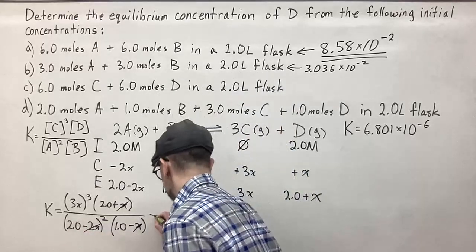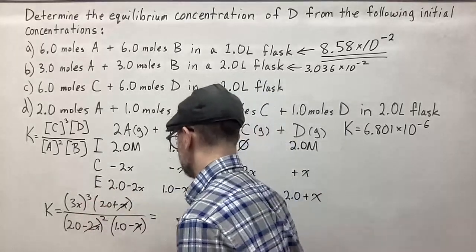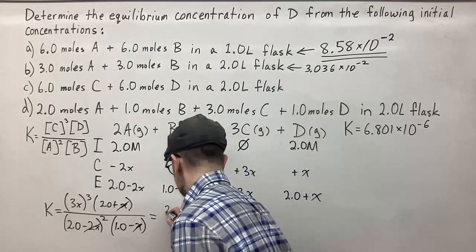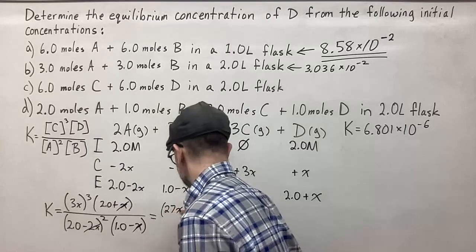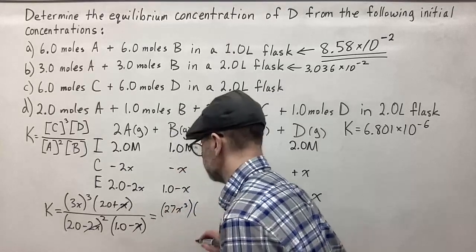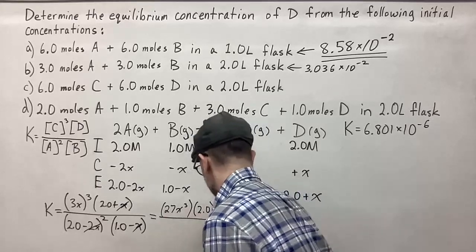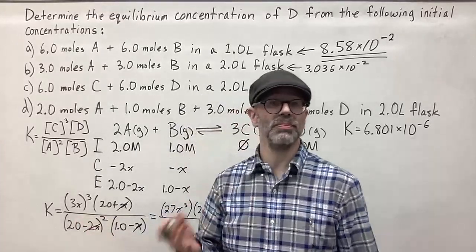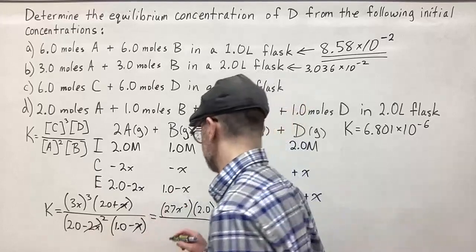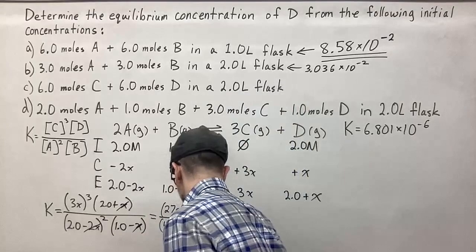So now, once again, 3x cubed is going to be equal to 27x cubed. That's going to be multiplied by 2.0, and we're going to divide by 2.0 squared. But 2.0 squared is 4.0, so we're going to have 4.0 there.